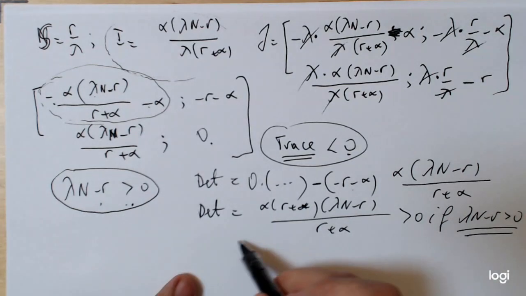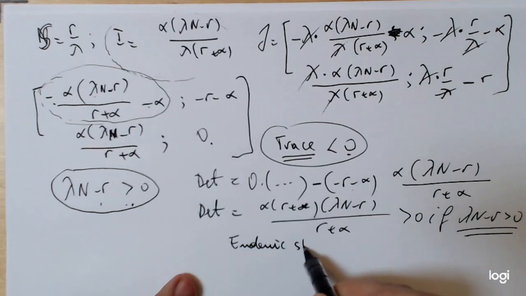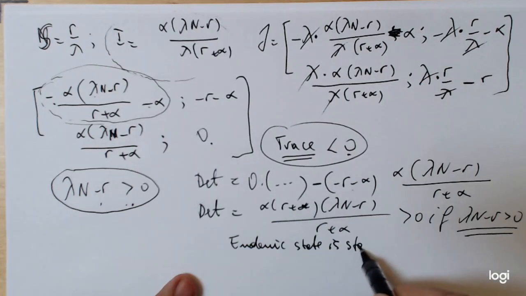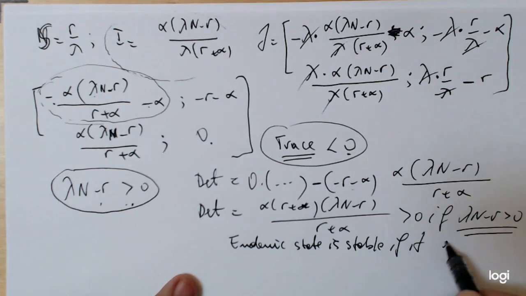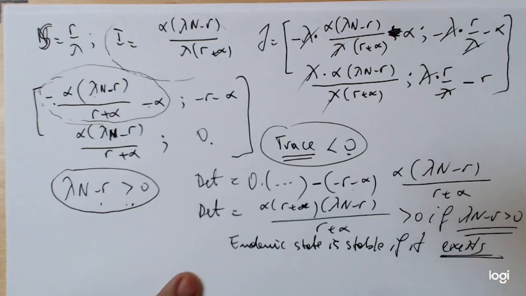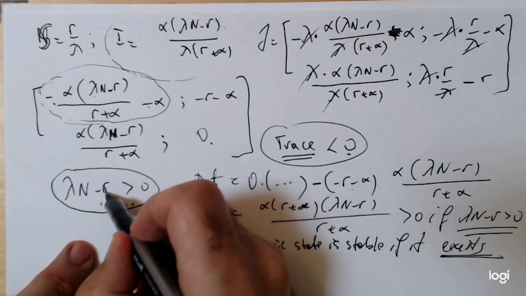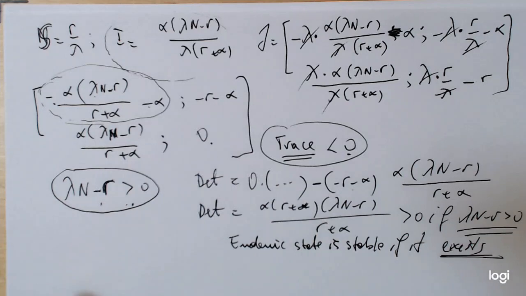So again, the endemic state is stable if it exists. Once the biological feasibility condition is established, then we can show that it's stable automatically.